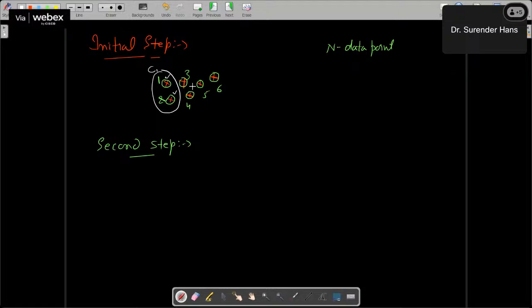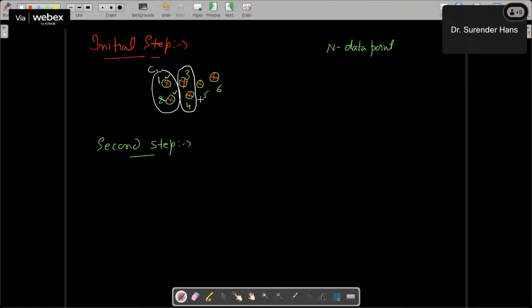Now the algorithm again looks at the distances. Let's say between the third and fourth data points the distance is minimum, so it will again merge the third and fourth into one cluster.